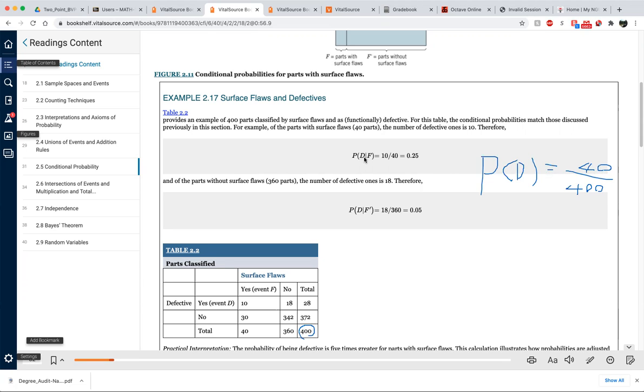But when you calculate the conditional one, you can see that the denominator changes.